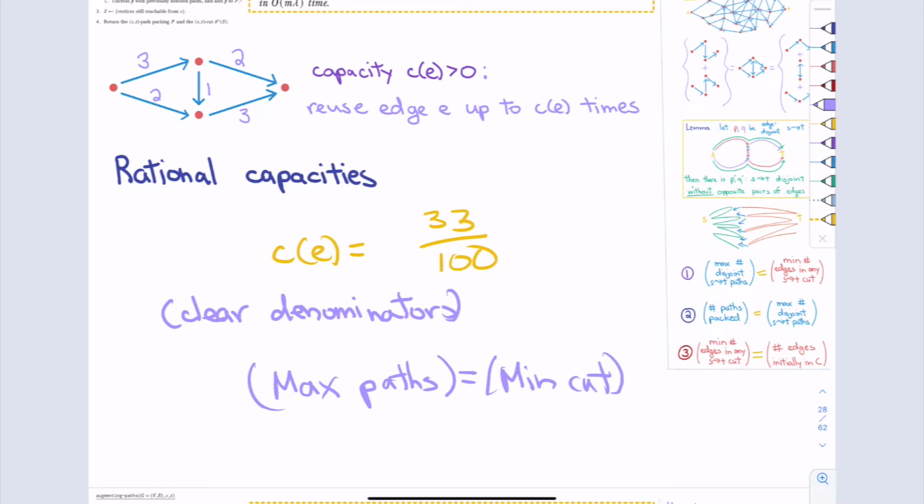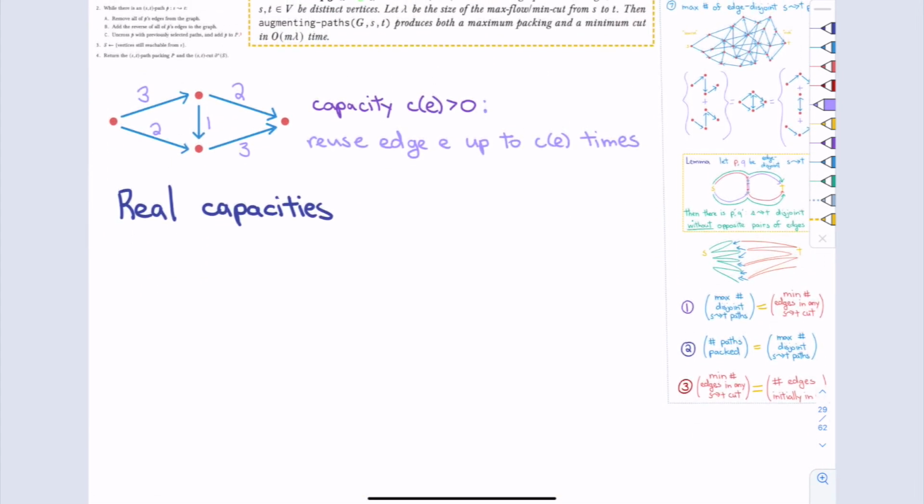All right. Now the weirdest case is when we have real capacities. Maybe the capacity of the edge is equal to pi or something, maybe the square root of 2. It's not obvious that you can just clear denominators and reduce to integers. Nonetheless, I want to be very lazy. So, one thing we can do is make a new set of capacities that are rational, but very close in value to c_e.